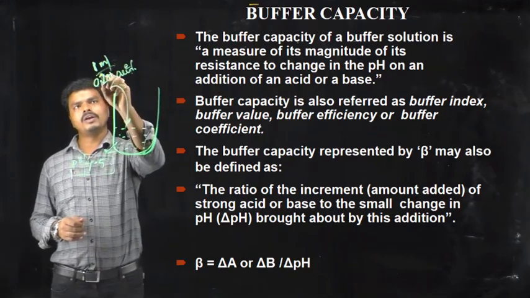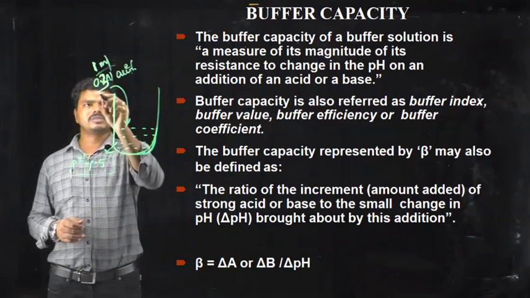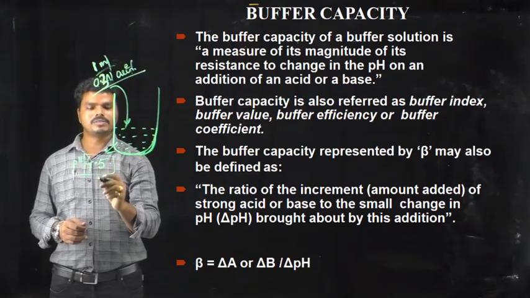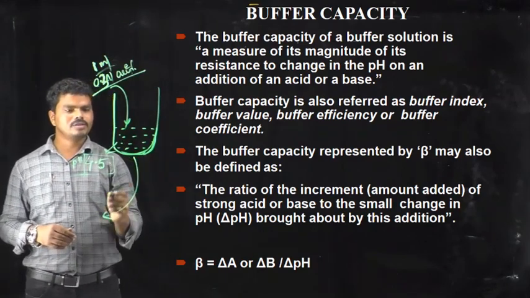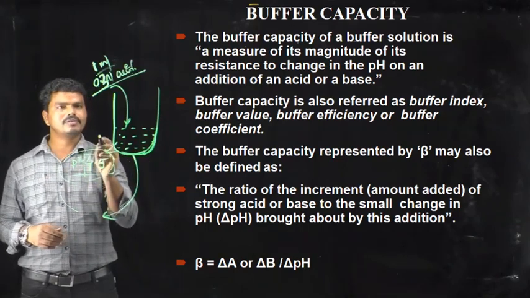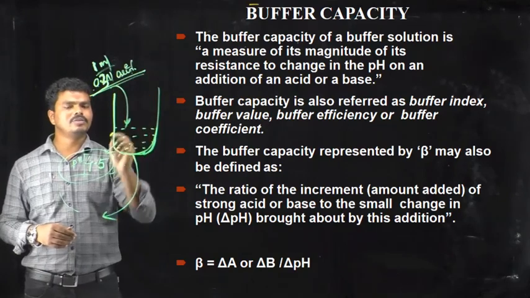When you go on increasing the strength of the acid, at a particular stage a change of buffer pH will be observed. That means buffer capacity is the capacity of the buffer to withstand the same pH against the strength of acid or base added into the solution.